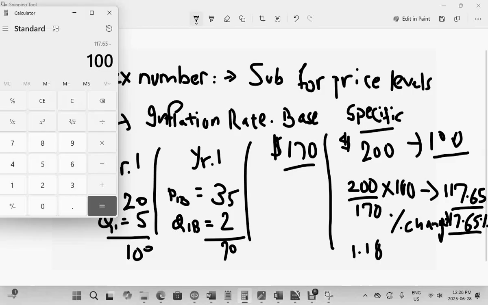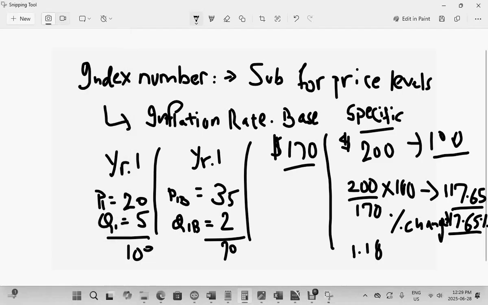In that case, this gives us 17.65. Divide by this number over here for the base year, so divide by 100, and multiply this by 100%. This will give you your inflation rate for year two, which is 17.65. So the inflation rate, given the index numbers, is 17.65%.